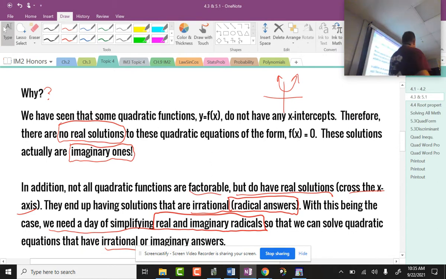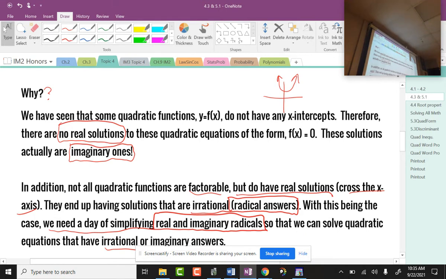First of all, look at this picture right here. You see this parabola? What does this parabola not cross, everyone? Starts with, well, it's a letter. 3, 2, 1, go. X-axis. All right, so we had intercept form for a parabola. Well, what if the parabola doesn't cross the x-axis? Well, something weird occurs with these solutions.